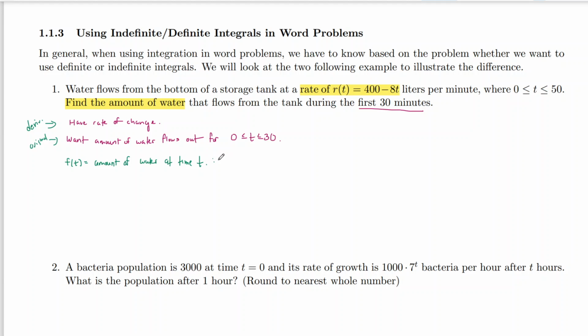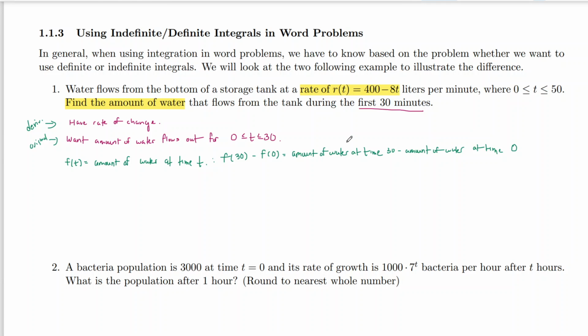Well, then what is f of 30 minus f of 0 representing? In words, this is the amount of water at time 30 minus the amount of water at time 0.